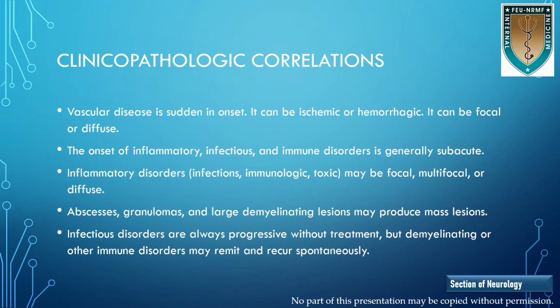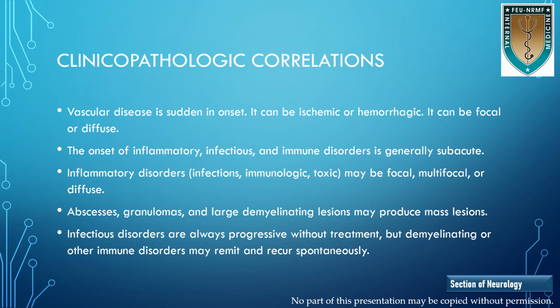Here are some examples of the localizing characteristic and temporal profile of the different classifications of neurological diseases. So, number one, vascular disease is sudden in onset. It can be ischemic or hemorrhagic. It can be focal or diffuse. The onset of inflammatory, infectious, and immune disorders is generally subacute.